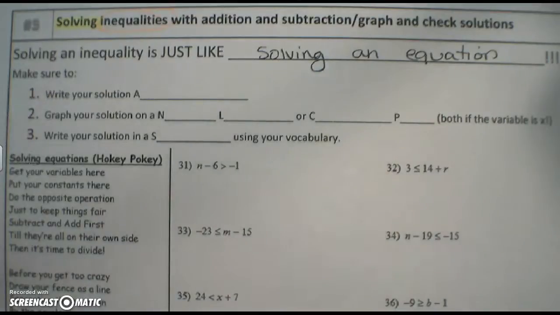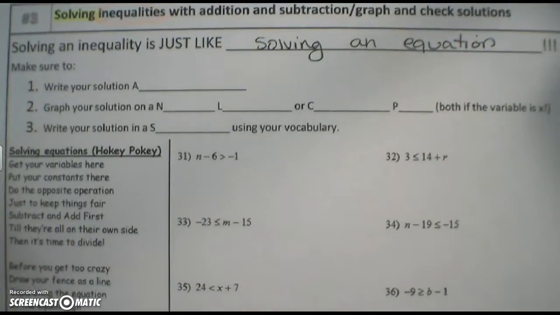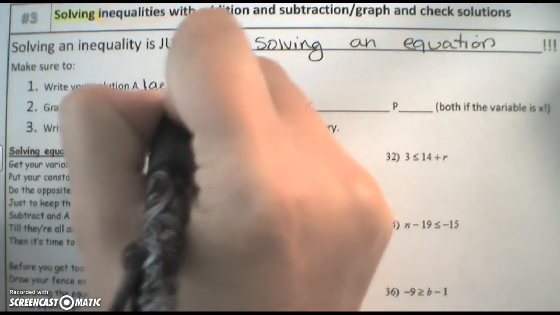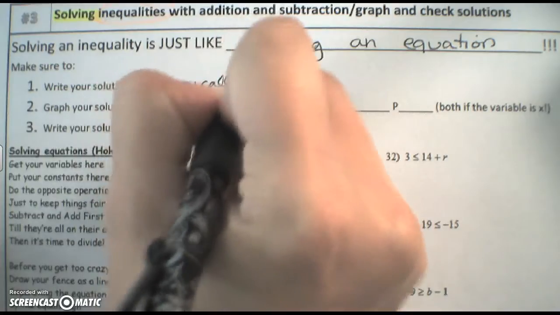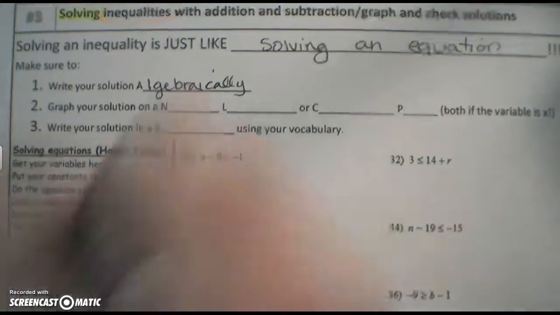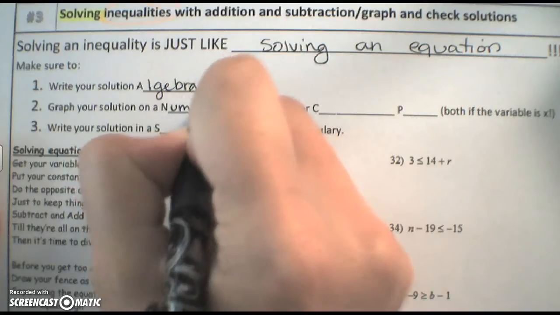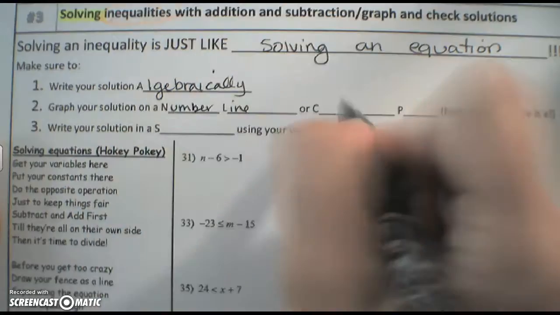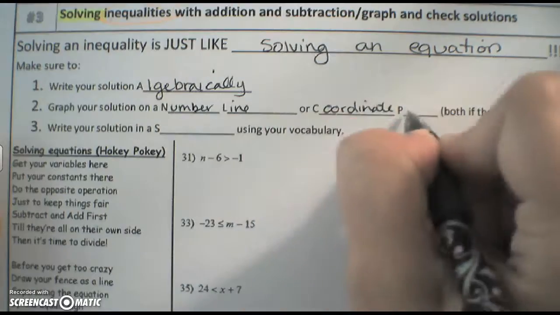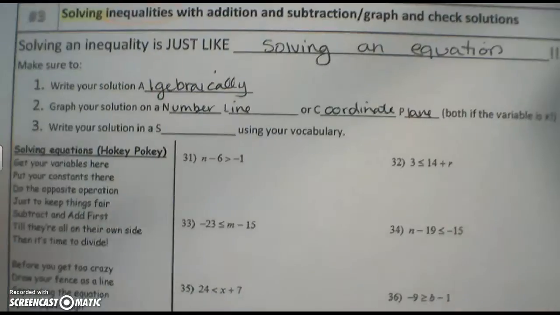But we've got 3 things to make sure of, and that is to write your solution algebraically. I know that sounds really complicated, but it's just writing it with numbers and letters. Then you're going to graph your solution on a number line or a coordinate plane, whatever it tells you that you're going to be doing.